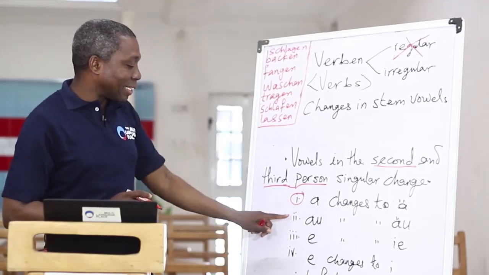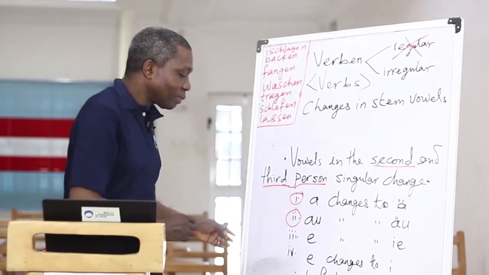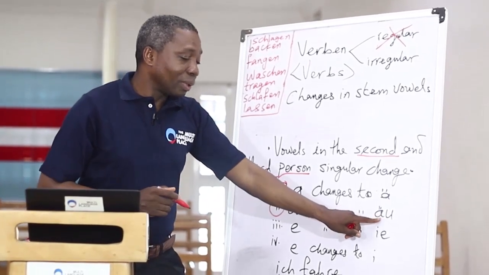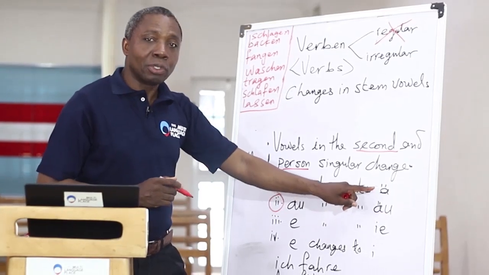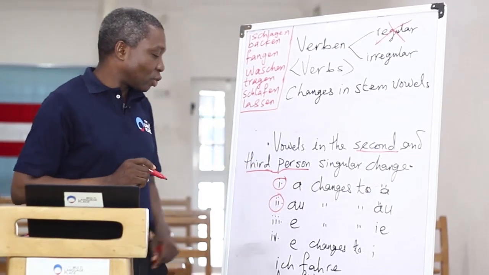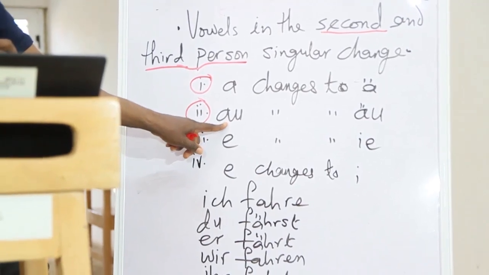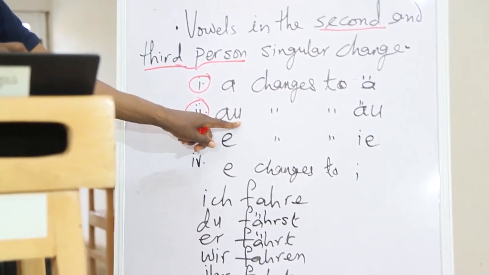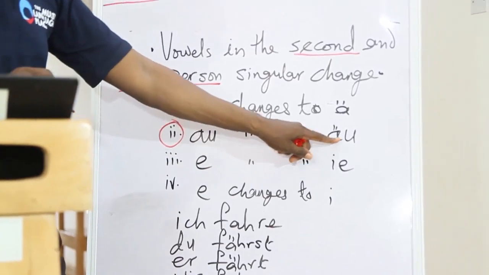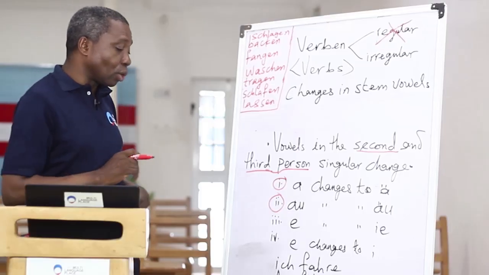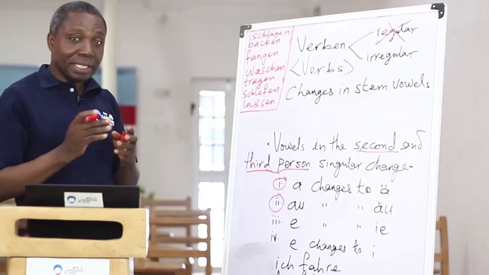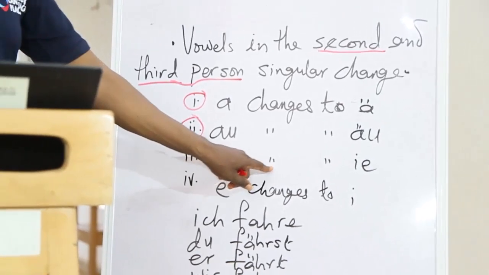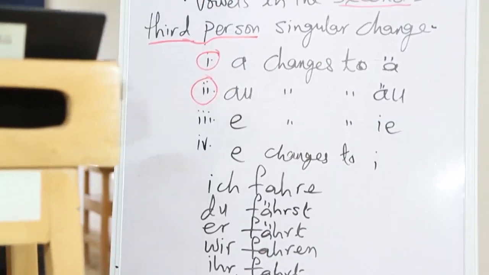Okay, let's go on. The second one: AU changes to AU, but the A has an umlaut on it. So AU changes to EU. That's the second category. We're still going to do the practical side so that you understand. Then the third one, A changes to EA.